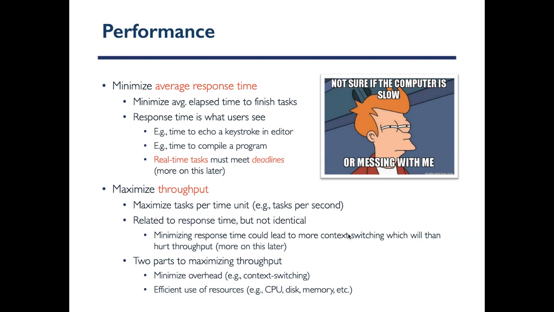Although tasks could have different sizes, at the end of the day, what you care about is how many tasks you serve. Or for instance, if you have a web server, then the unit of work that you're doing is requests. So in that case, your throughput becomes how many requests you respond to per unit of time.